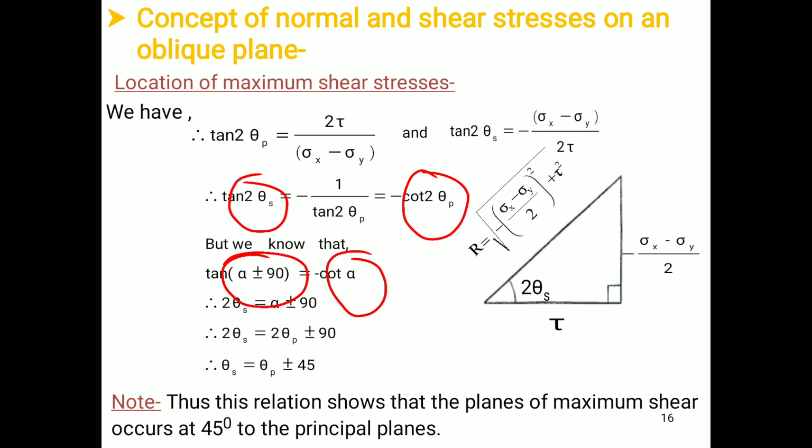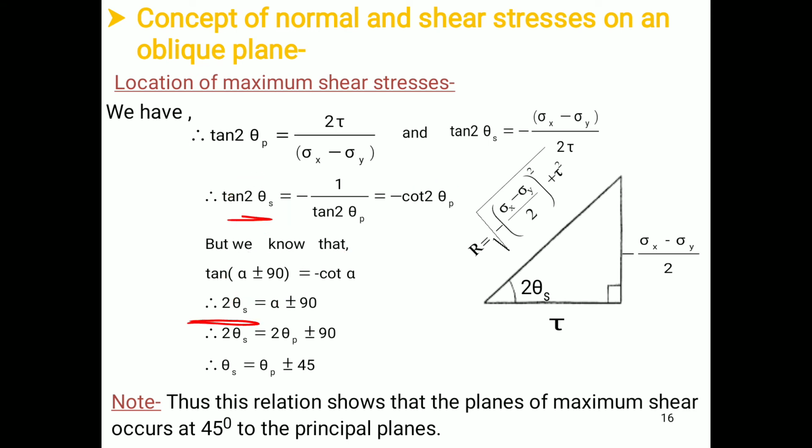All those values we are going to use to find the value of theta s. Therefore, 2 theta s will be equal to alpha plus minus 90 degrees. Putting the value of alpha, which is equal to 2 theta p, we have 2 theta s is equal to 2 theta p plus minus 90 degrees.